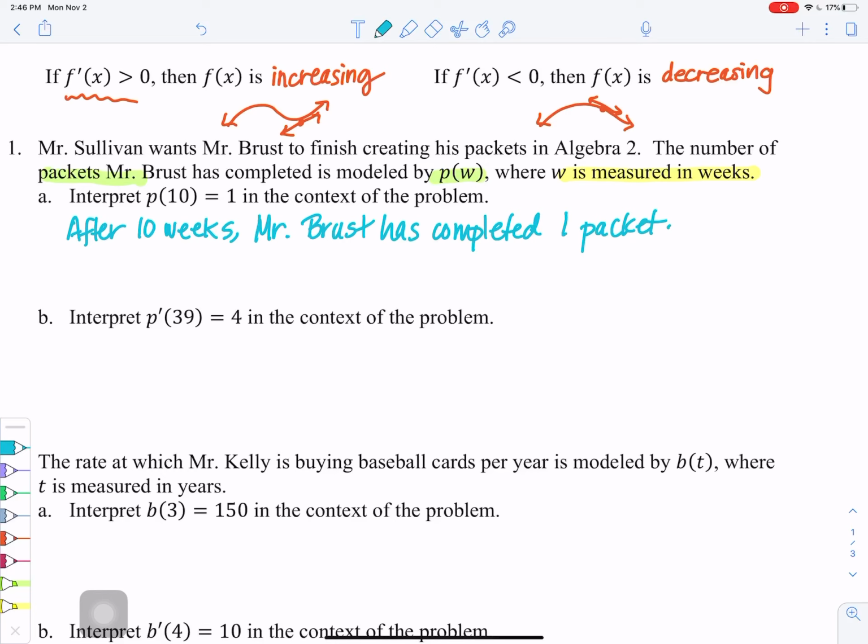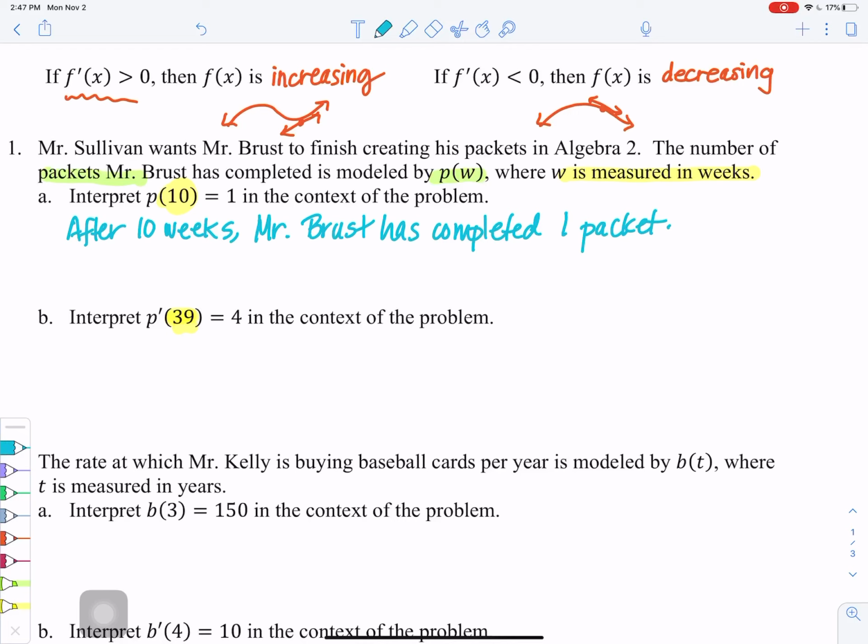But what if we took the derivative of P? Remember, it's a rate. So we still want to look at our x value of 39. Those are our x values, and those are the weeks, okay?